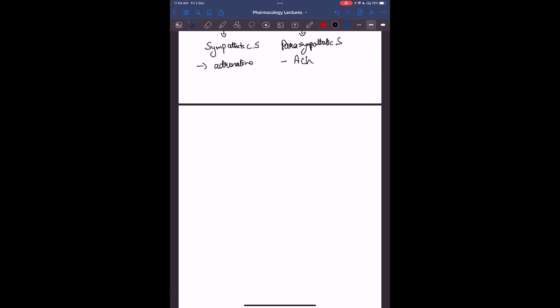Acetylcholine is the main neurotransmitter in the cholinergic system.